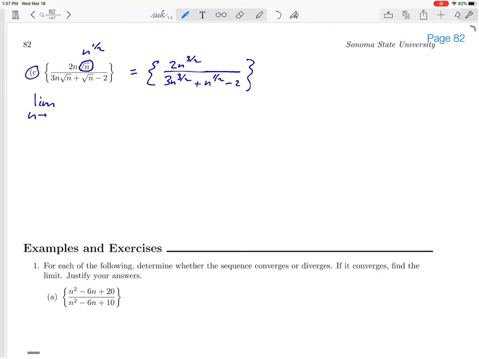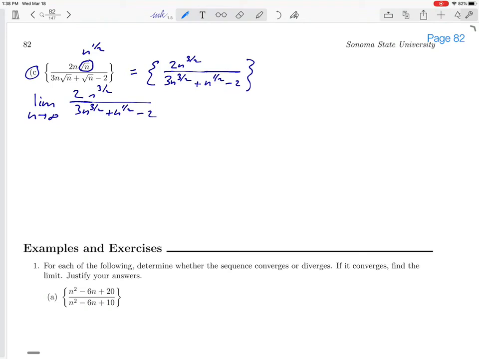All right, so we'll start by taking the limit of this. I'm just going to recopy the function that we've got. Let me correct an error right there. That should have been a 2. 2n to the 3/2 over 3n to the 3/2 plus n to the 1/2 minus 2.